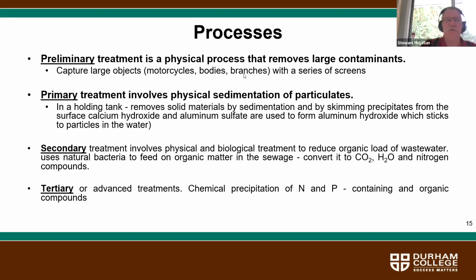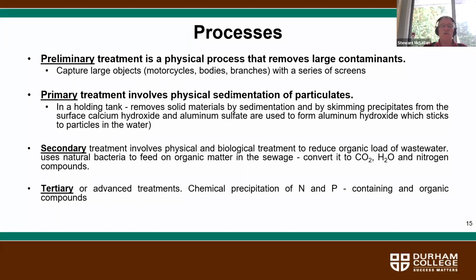But it's possible for small branches and sticks to make it there. And as I had mentioned, that type of material is removed by a series of screens at the very start of the process, so that those large particles are removed prior to the water entering the primary treatment process.